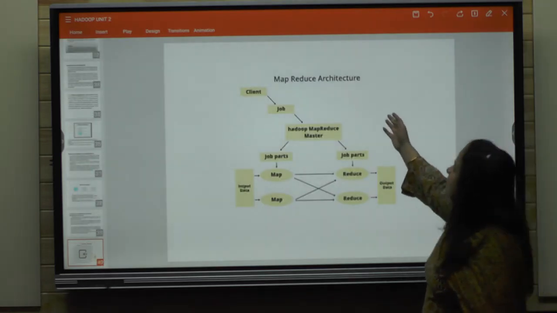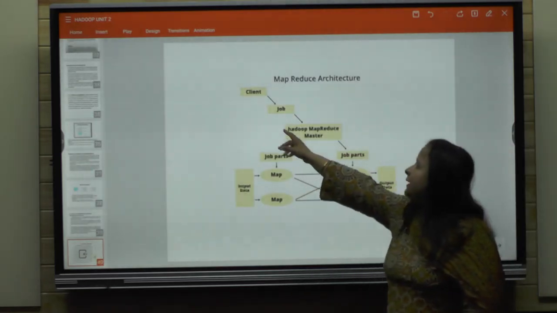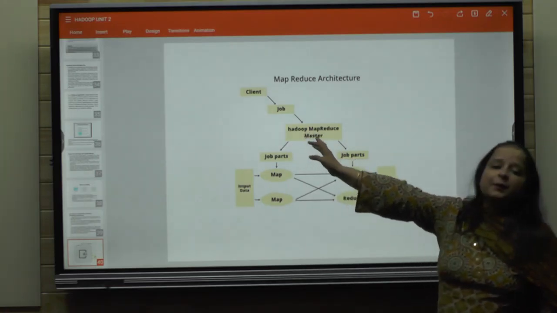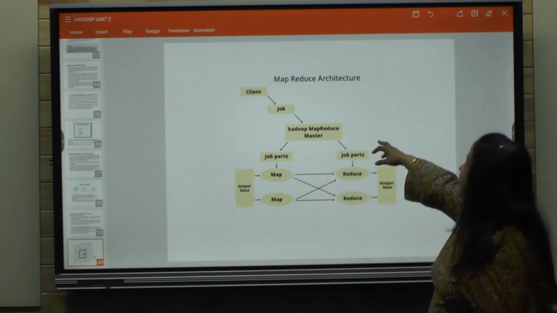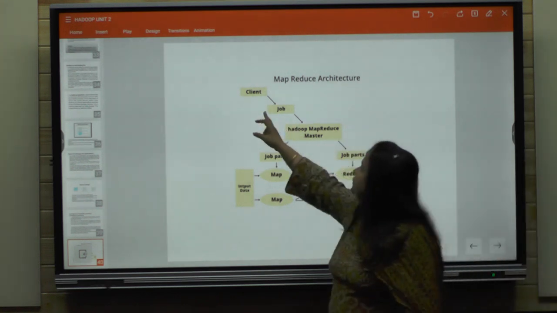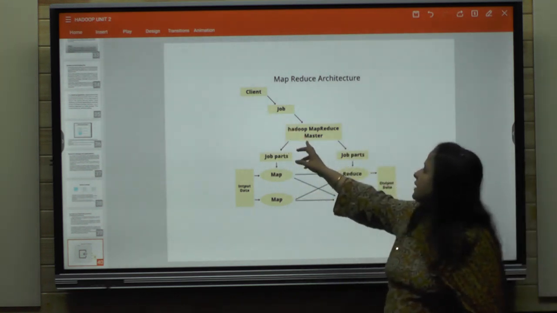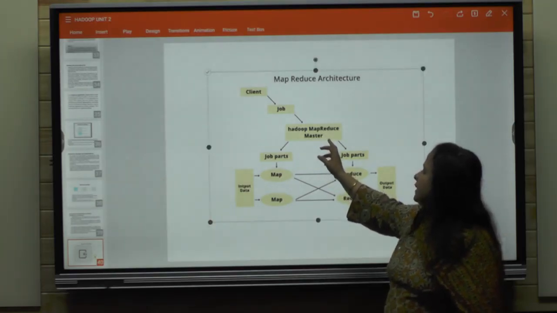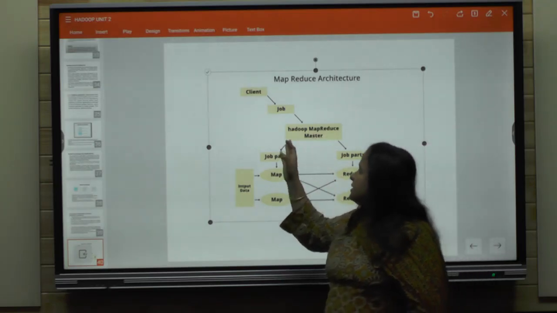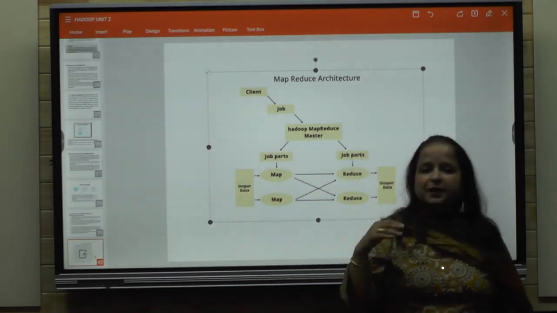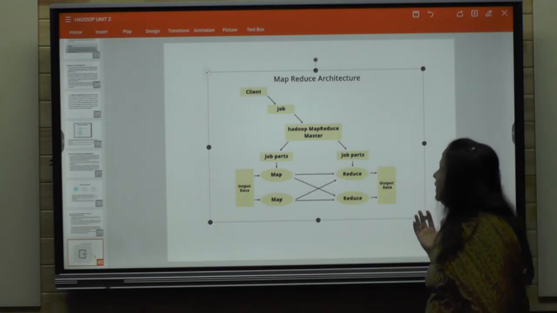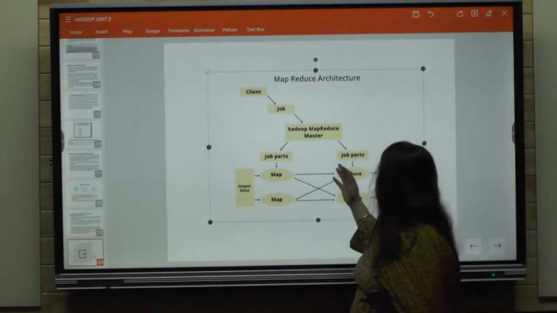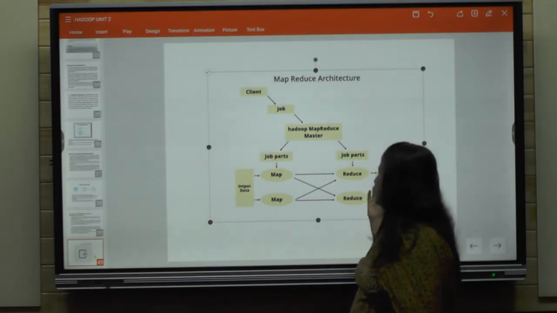So this is the MapReduce architecture. Client assigns the job to the MapReduce framework. Then the job is assigned to the Hadoop MapReduce master. What Hadoop MapReduce master does, it divides the job into the smaller job parts, and that job parts will be assigned to the mapper function, then reducer function, then output data.